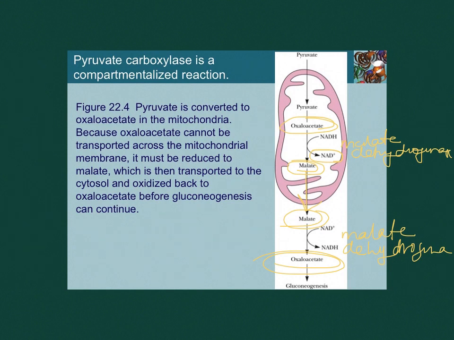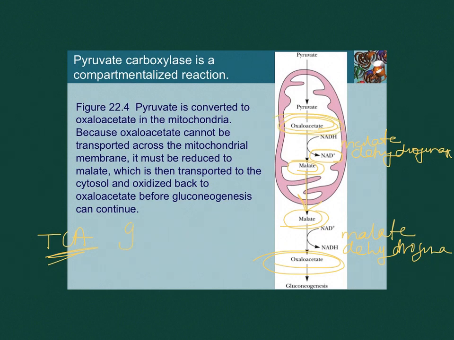Now this malate shuttle can also be found in the tricarboxylic acid cycle, or the Krebs cycle. However, the overall flow of metabolites in the two processes is in opposite directions. So for TCA, you're using malate to get oxaloacetate into the mitochondria.